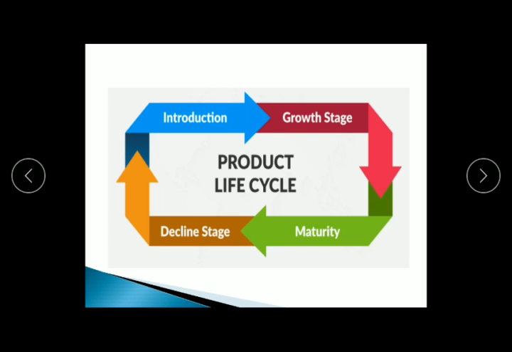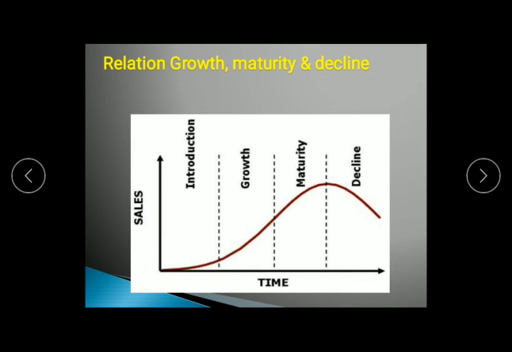For example, Nokia mobiles are in the declination phase because they don't adopt the new operating system, they don't adopt the new concepts or new features which are available in other brands. So that's why Nokia is in the declination phase.